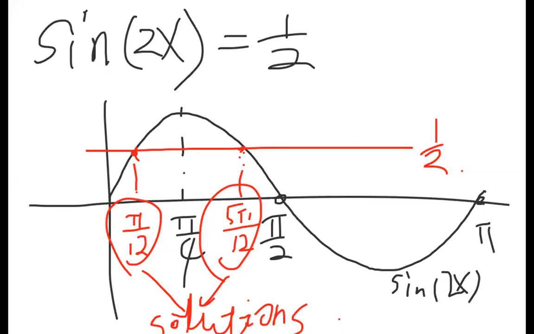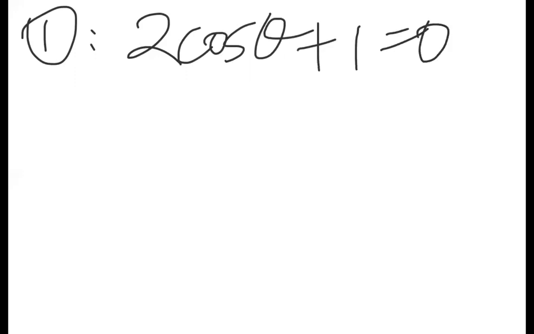All right. So when you have some complicated trig functions, always reduce it to the form that we just did before, to the simple form. So for example, for the first one, if you have 2 cosine theta plus 1 equal to 0, you want to have cosine theta on one side of the equation.